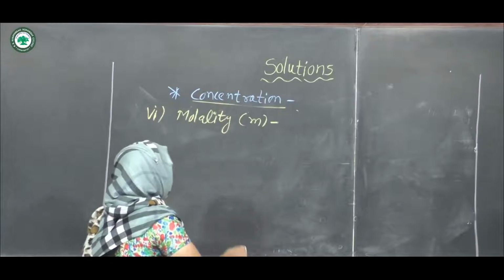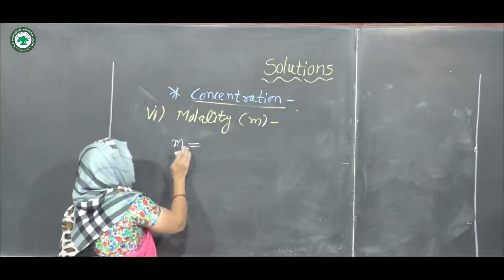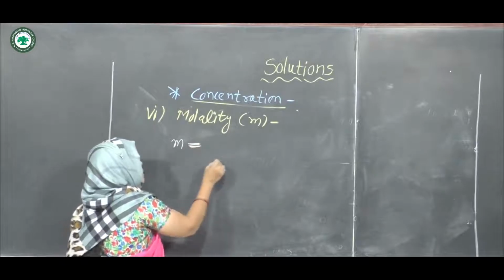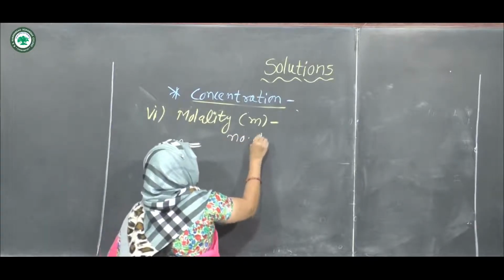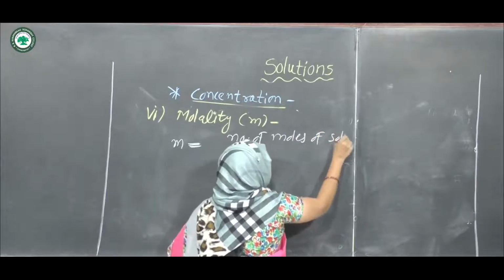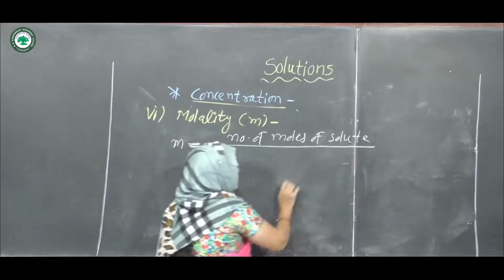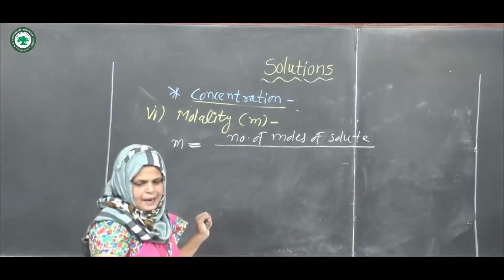What is the formula of molality? Molality is equal to the number of moles of solute divided by the mass of solvent in kg.